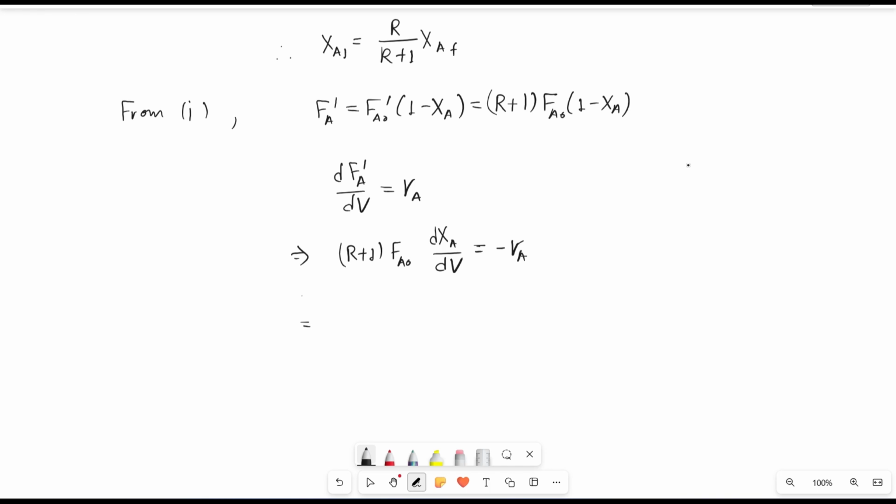Now if you write dV by FA naught, it equals (R plus 1) dXA by minus RA.